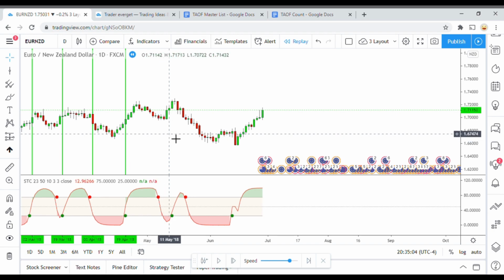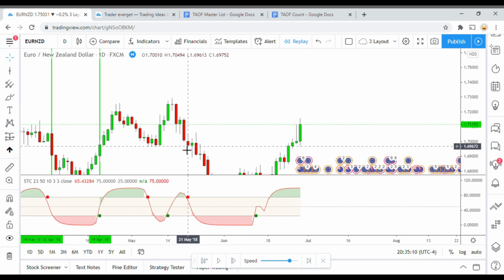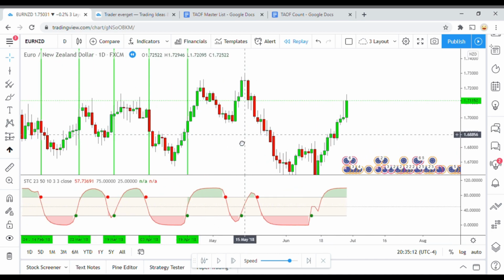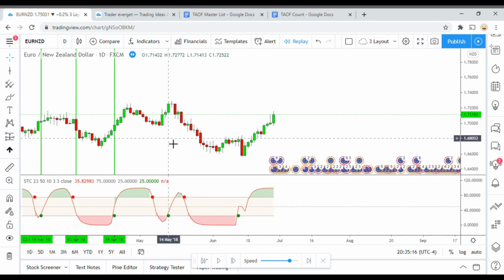The next candle was a green candle, so that would not have been a valid entry. This one here, the next candle was a... just calculate it out here. Let's see. Close of this one was 725. Wow.